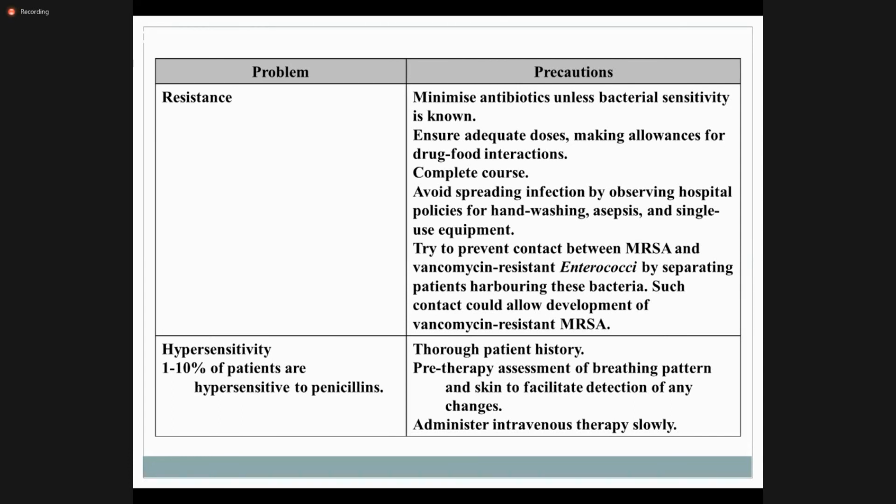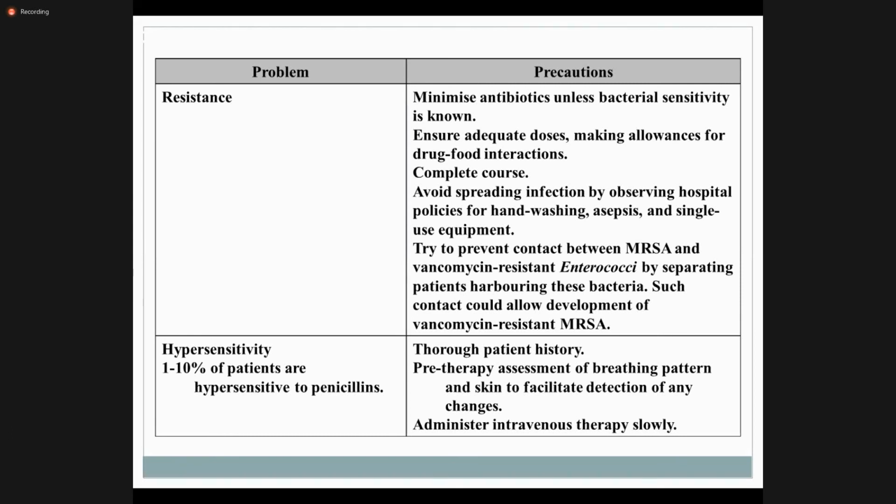Avoid spreading infection by observing hospital policies for hand washing, asepsis, and single-use equipment. Try to prevent contact between methicillin-resistant Staph aureus, which is one of the major concerns especially in the hospital setup, and vancomycin-resistant enterococci by separating patients harboring these bacteria.